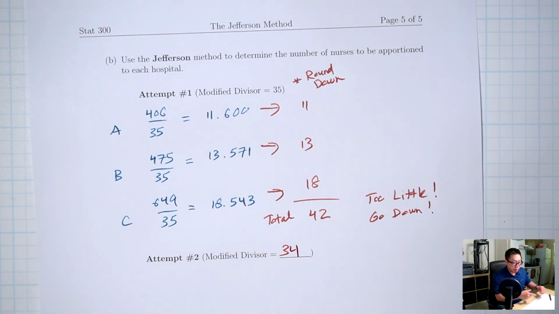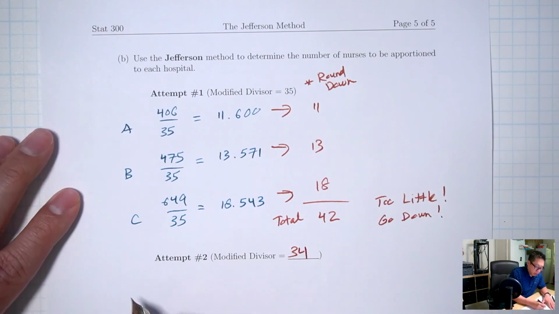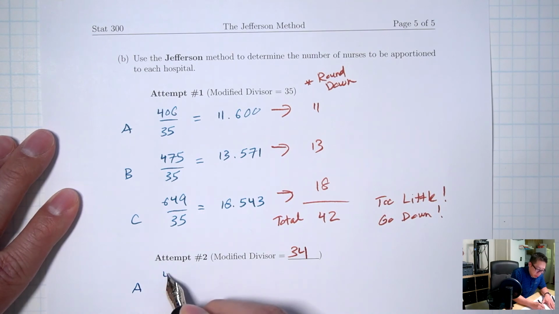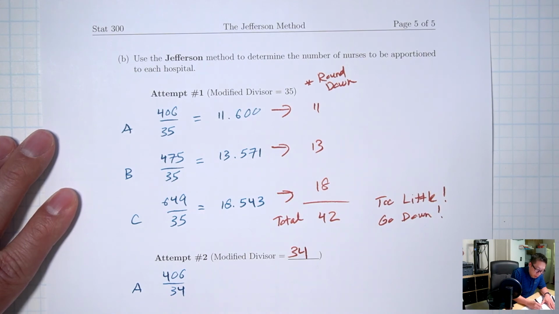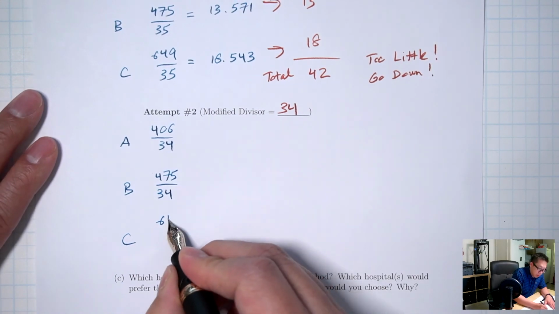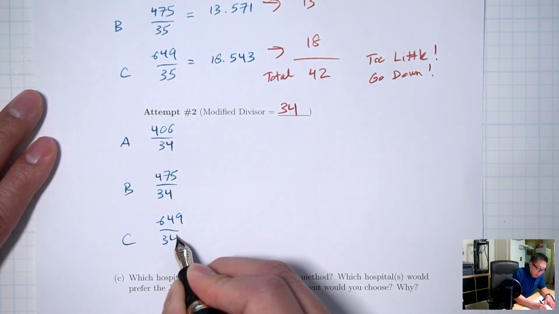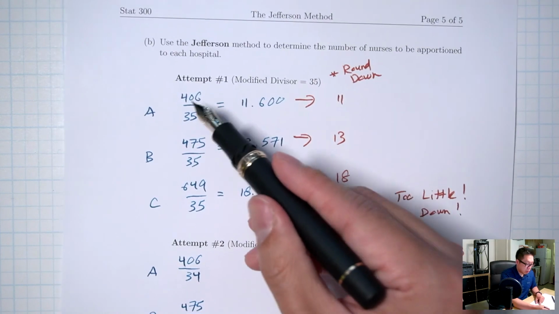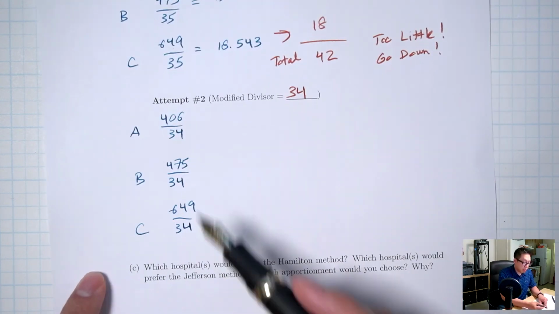And then do the same thing, divide. 406 divided by 34. 475 divided by 34. And 649 divided by 34. Right, so each of the same numbers, this time divided by 34.